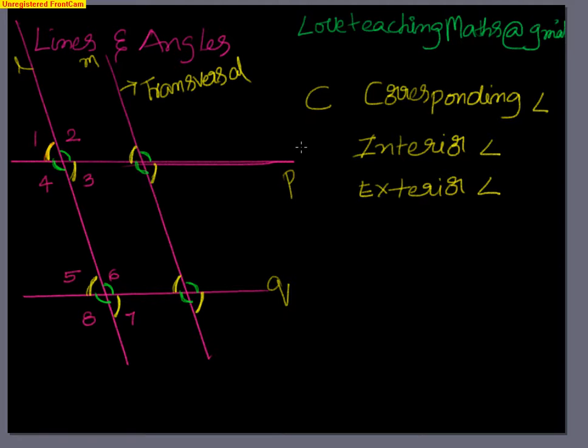Let me say corresponding angles as C, interior angles as I, exterior angles as E, just for our convenience so that we can shorten them. Okay, let's see what the corresponding angles are. Corresponding angles are: 1 is equal to 5, 2 is equal to 6, 3 is equal to 7, 4 is equal to 8.